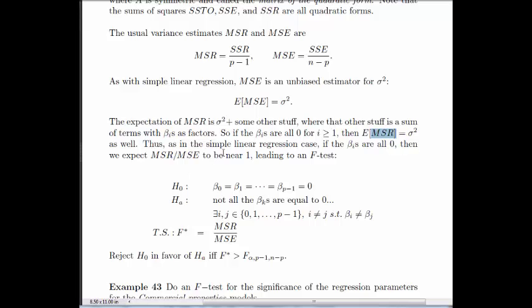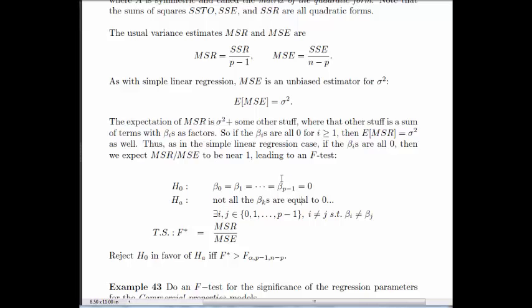So this provides maybe a conceptual understanding of how we can run an F-test for testing to see if the betas are all the same. Under the null hypothesis, all of our model parameters are equal to 0, and the alternative hypothesis is that not all of them are equal to 0.